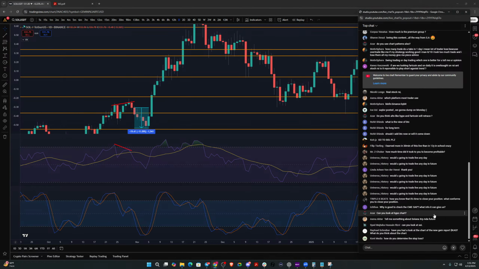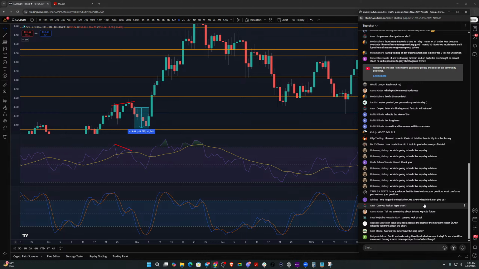Then finally, it filled that gap at 77K and bounced perfectly, because you had confluence of the weekly 50 EMA, major support, indicators were oversold, fear was at an all-time high, all that stuff. So that's why CME gaps usually do fill. There's a better explanation for it, but it's like a self-fulfilling prophecy, something to do with how it works at the CME and how market psychology works.